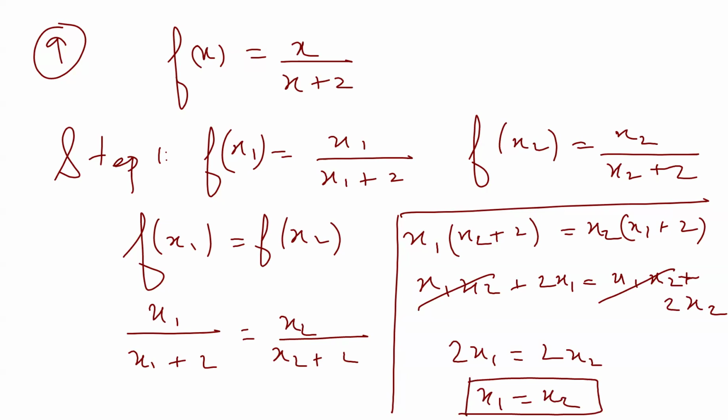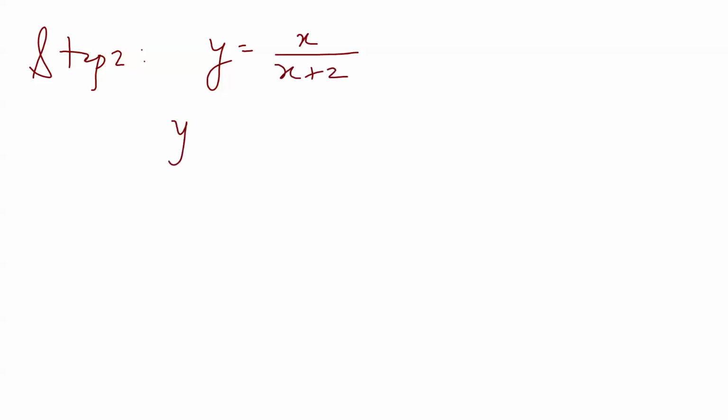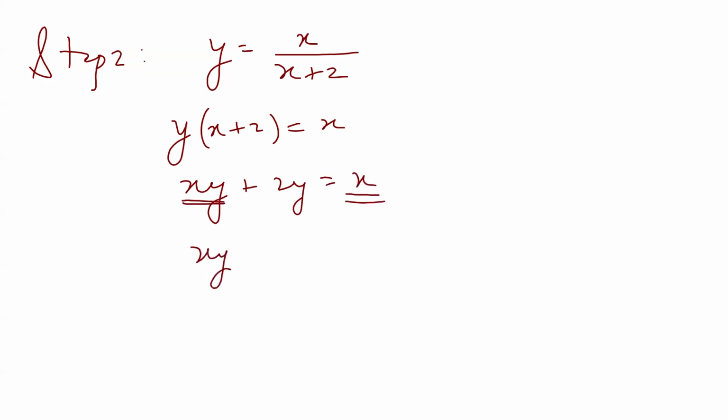Now let us go to the second step. Step 2, y is equal to x upon x plus 2. So y into x plus 2 is equal to x. xy plus 2y is equal to x. X terms, we have to keep together. So xy minus x is equal to minus 2y. x into y minus 1 equals minus 2y.